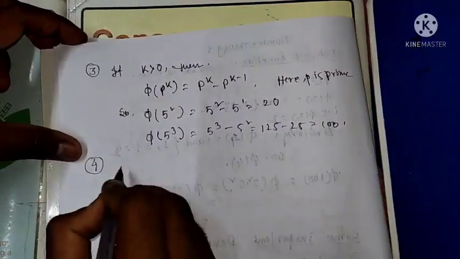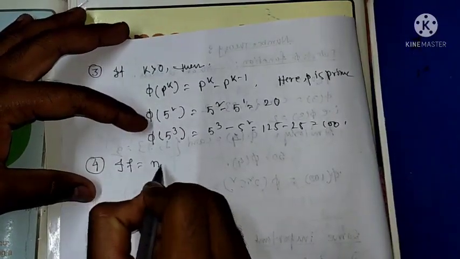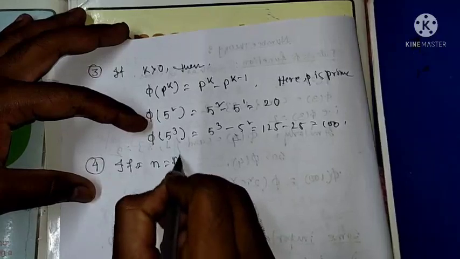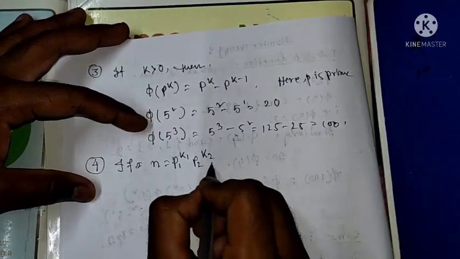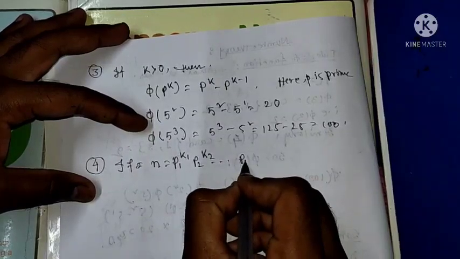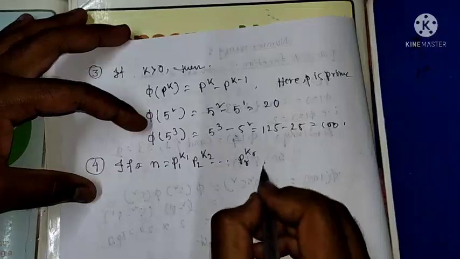Okay. Result 4. If n is equal to p1 to the power k1, p2 to the power k2, up to pr to the power kr.